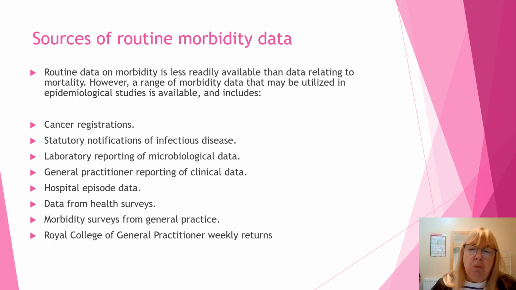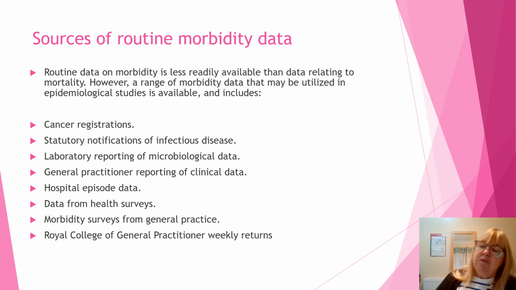So where do we find that information from? We find it from registrations, cancer registrations. So certain illnesses are actually registered. There is a register of people who are suffering from cancer or people who are dying from cancer. That's not the same for all illnesses, but some of the big illnesses are registered. Statutory notifications.